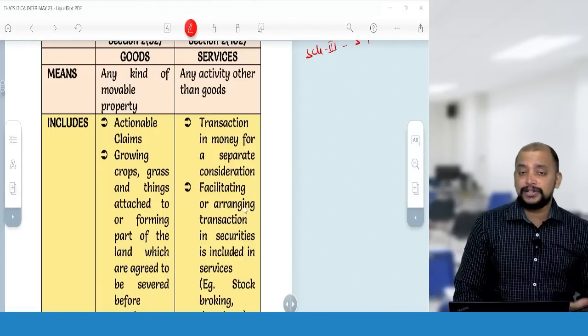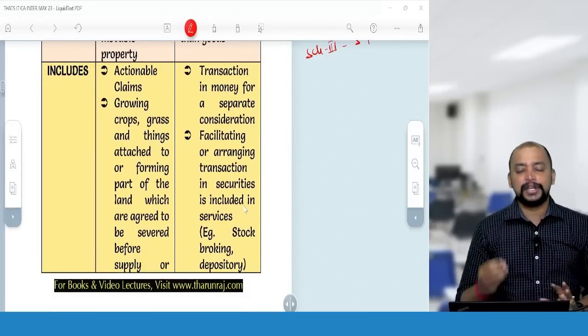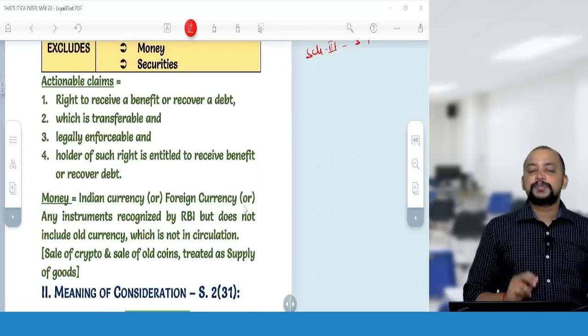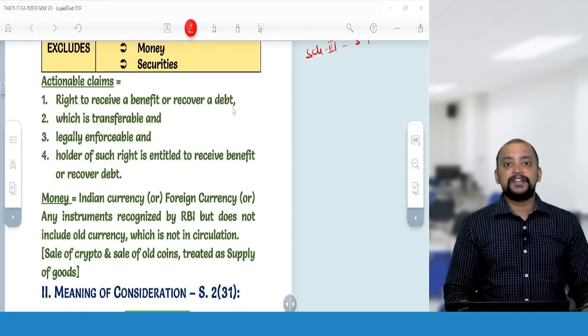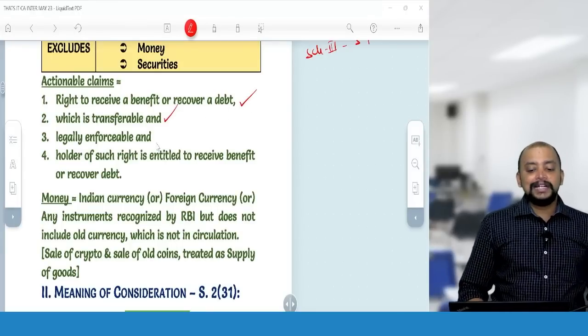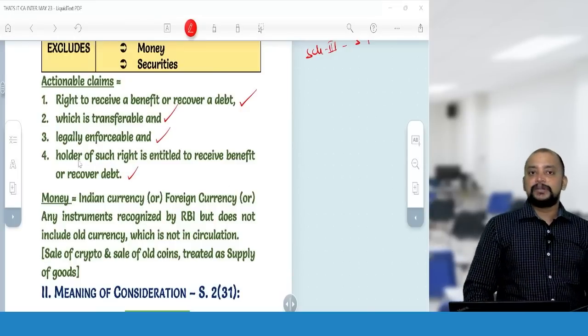I am not doing transactions in securities, but I am facilitating or arranging as an intermediary these transactions in securities. So that is also covered under service. Then actionable claims means what? Actionable claim means right to receive a benefit or recover a debt. And that actionable claim is transferable and legally enforceable, and the holder of such right is entitled to receive benefit or recover debt. So that is called an actionable claim.